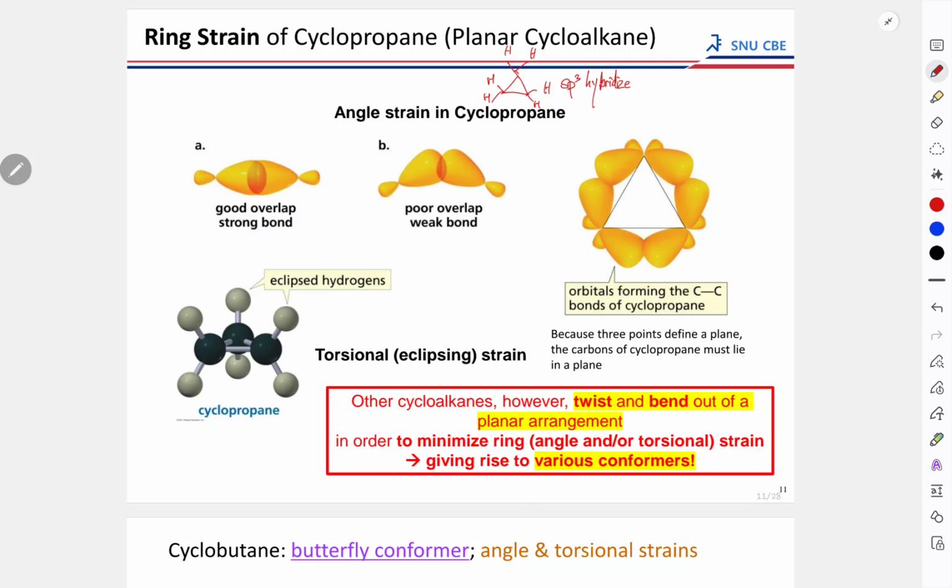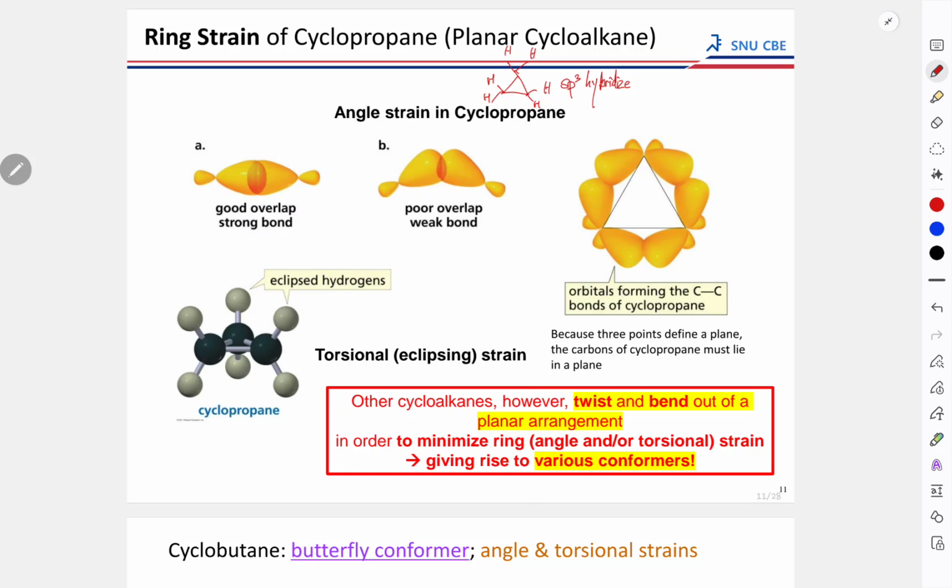Applying this to cyclopropane now, you can imagine the interaction between sp3 orbitals can be very, very minute. This is the orbital diagram formulating the CC bonds of cyclopropane. You can imagine there's a carbon.